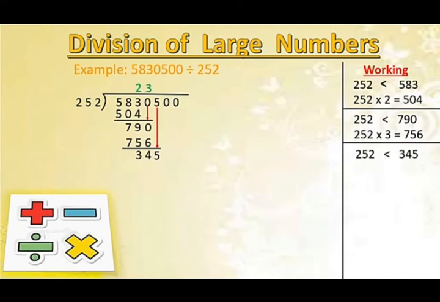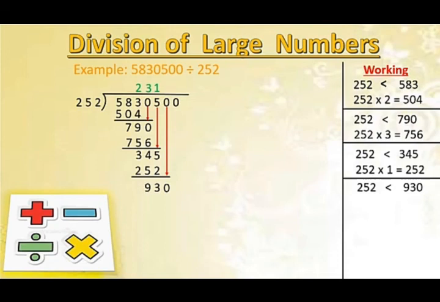Then bring down the next number 5, which makes the number 345. 252 into 1 is equal to 252, which is smaller than 345. Write quotient 1 above 5. Then subtract, we get 93.